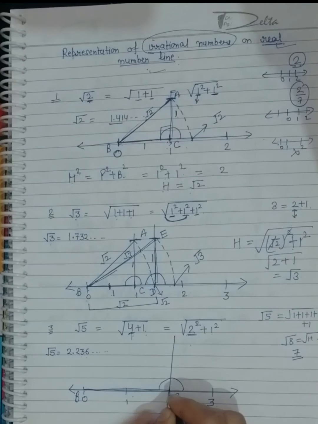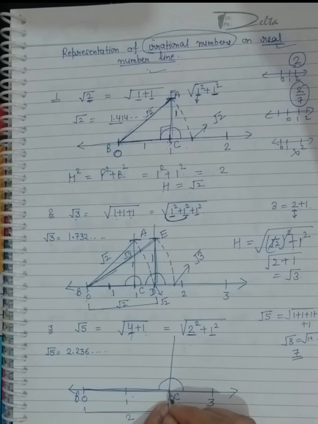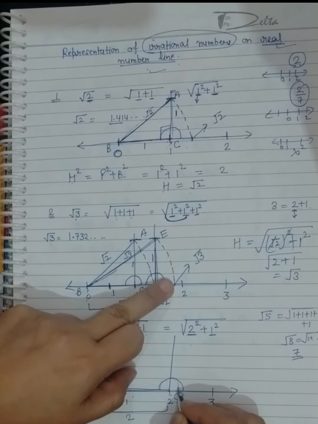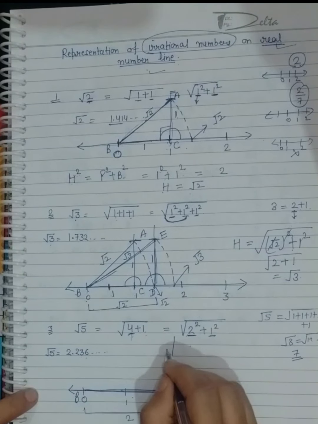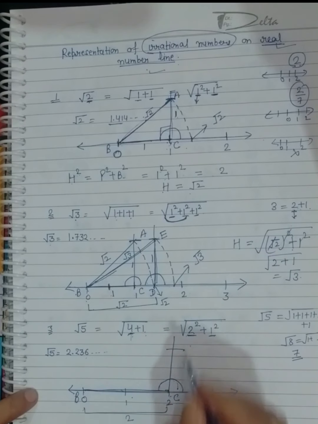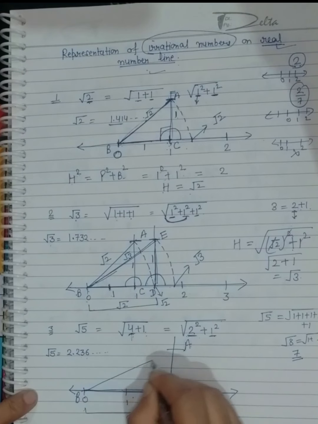Now 1 is left. From here to here, 2 units we have taken. On 2, we will draw a right angle. Same 1, we will cut 1 unit length. It will be A. We will join 0 to A.